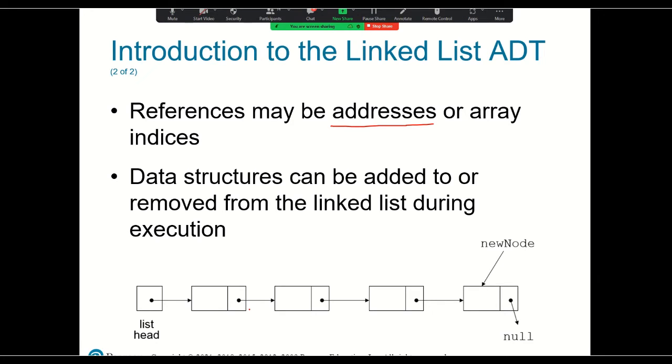If it is an array, then each element is represented by the index 0, 1, 2, 3, 4, and so on. So your pointers may be simple memory pointers, or they can be just indexes. Now, this data structure can be added to or removed from the linked list during execution. So you can modify the data structure, but that's a different story. We will address it later.